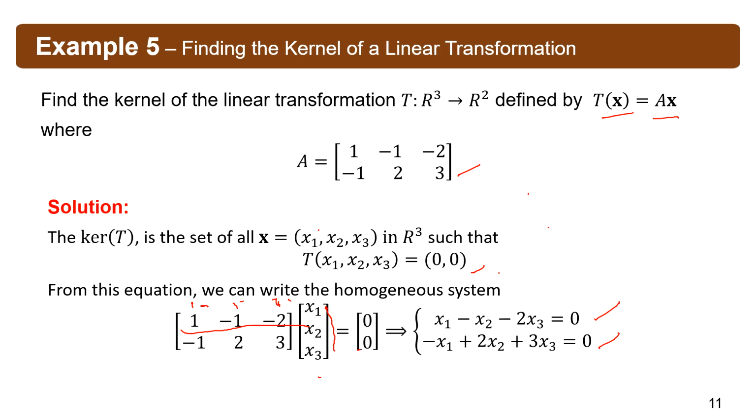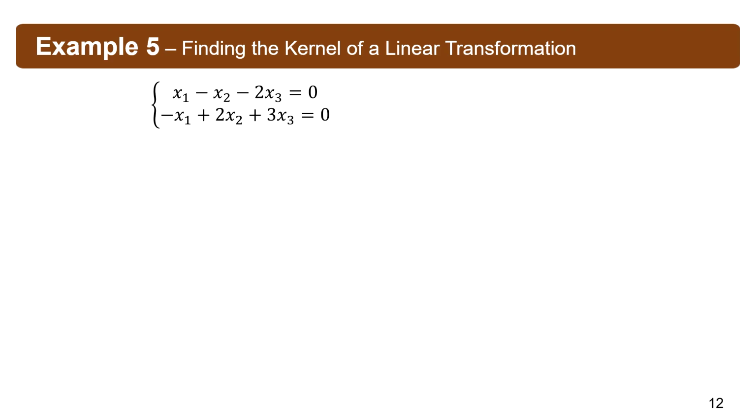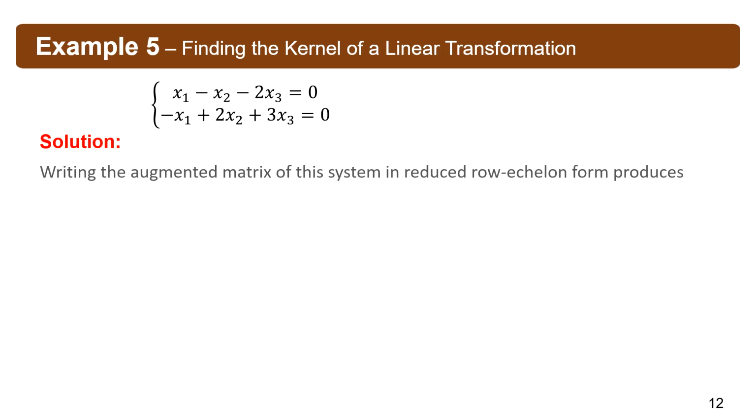Now from here, there is the system of equations. We solve for x, okay? Or you maybe use the augmented matrix, no? Solve for x of 1 and x of 2. Then this leads to the reduced row echelon form. So in here, remember you have x sub 1, x sub 2, x sub 3.